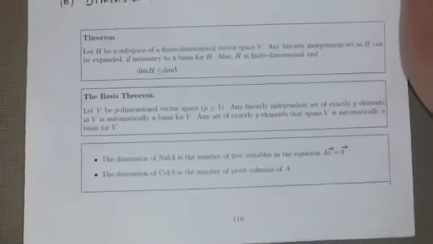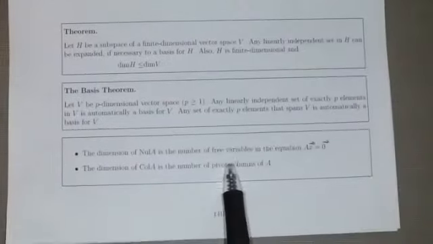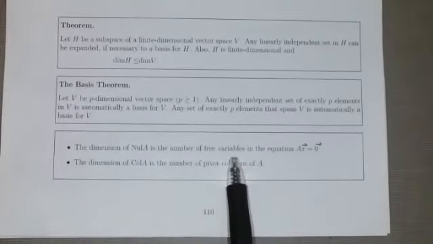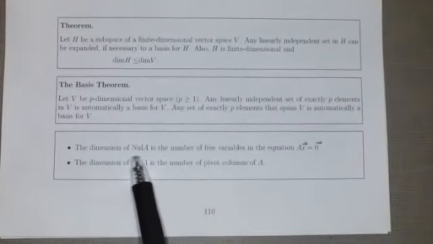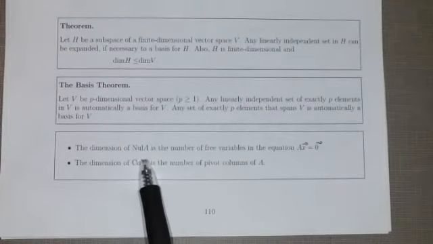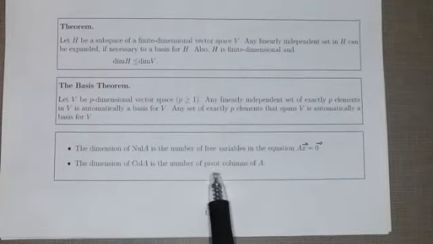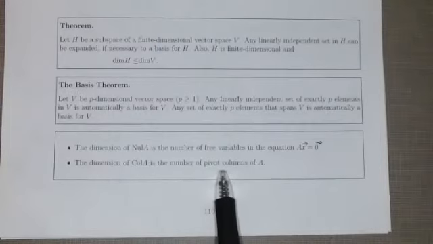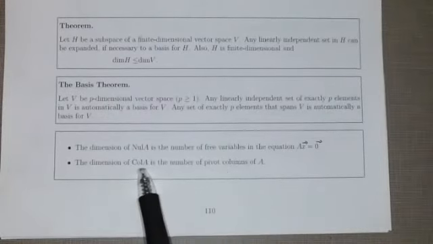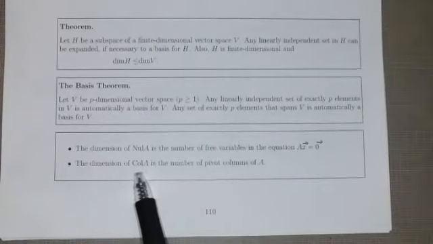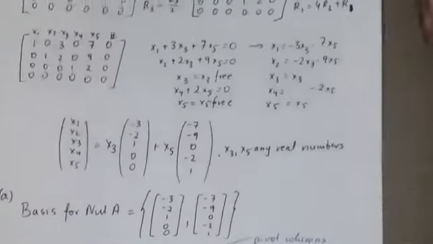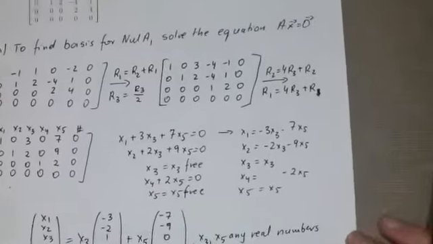In other words, the free variables determine how many vectors we have in the null space, and the number of vectors determines the dimension. And pivot columns determine the basis for the column space, and how many vectors there are is the dimension of the column space. So now we have an example.